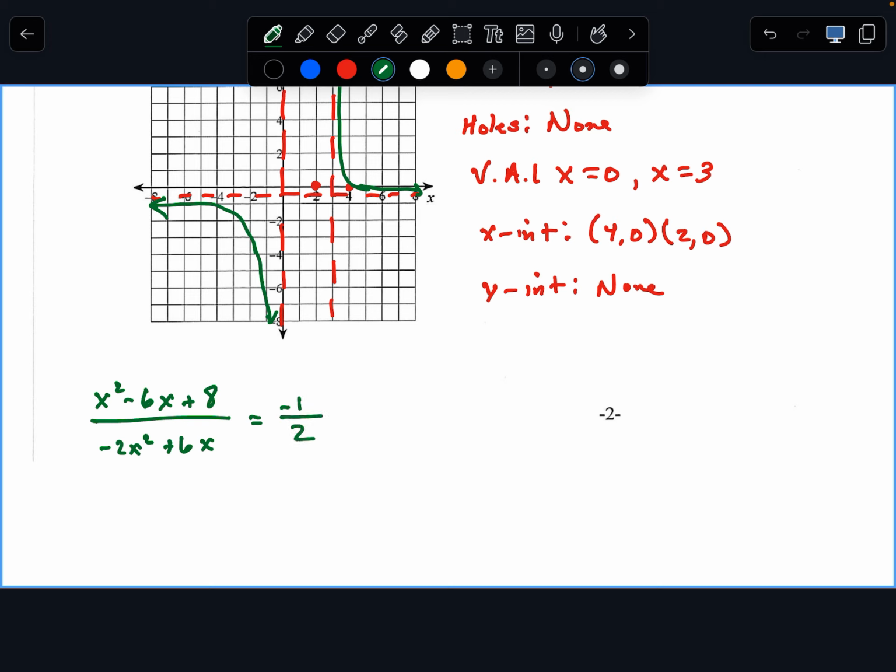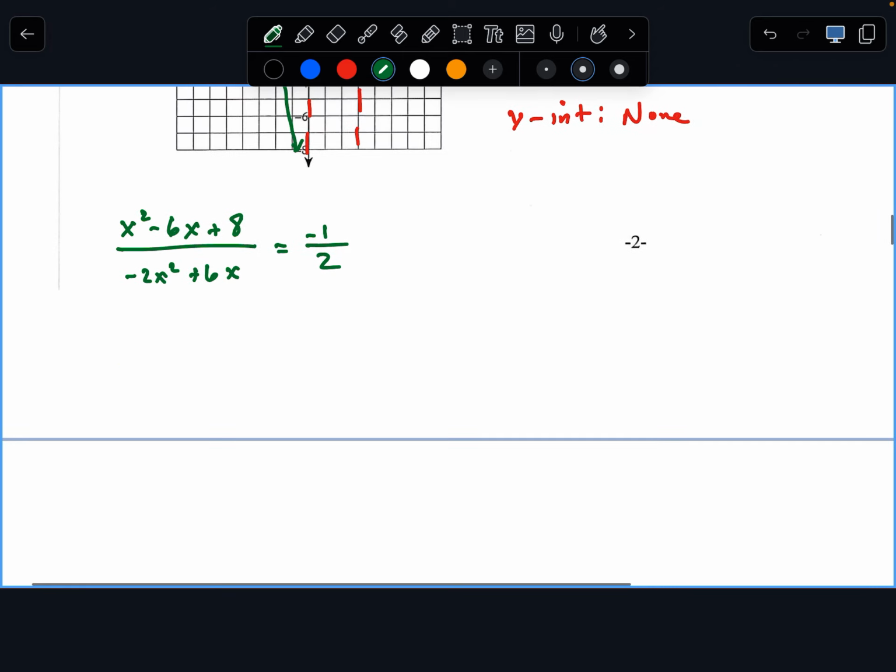I'm always setting it equal to wherever the horizontal asymptote is located. Because really what this is saying is, is there a value of x that equals negative 1/2? If there is, then that's where it crosses the asymptote. If there isn't, then there isn't one. Now, when you look at this, how do you solve this equation?